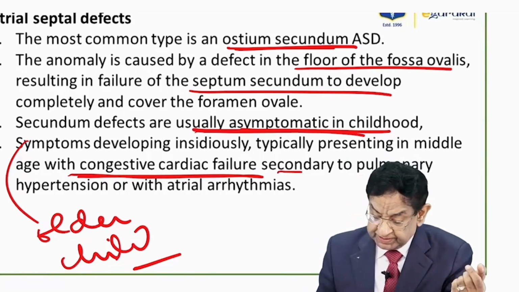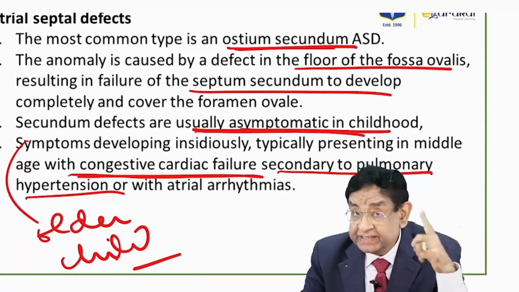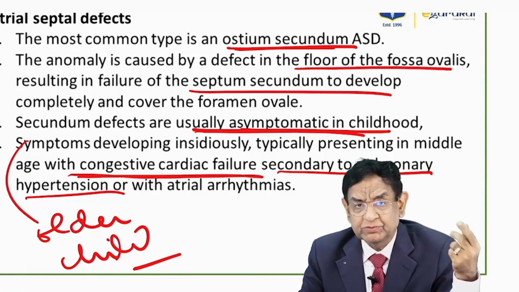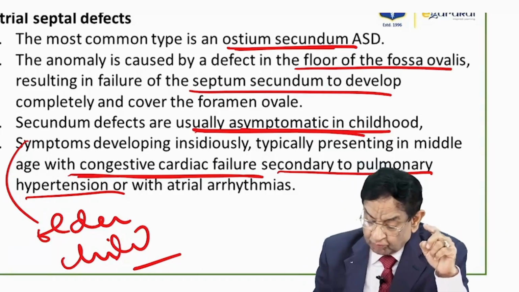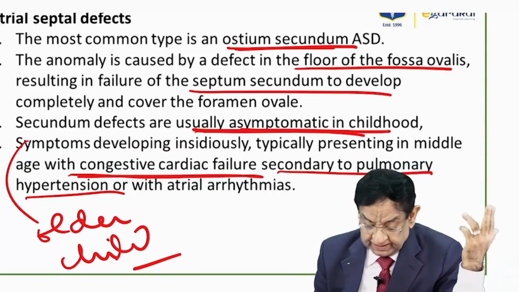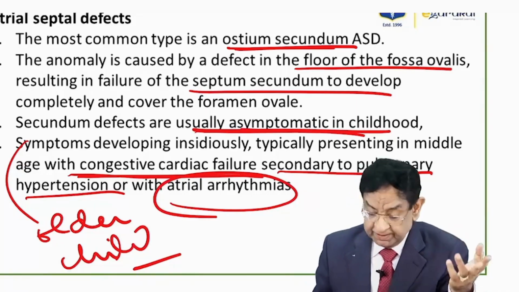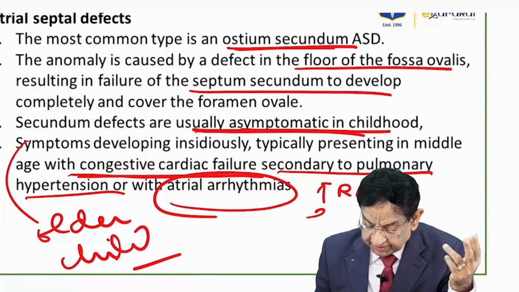Why? Because of secondary pulmonary hypertension. Why? Increased blood flow into the right atrium, right ventricle and the pulmonary artery, increased flow, so-called hyperkinetic. And there may be atrial arrhythmias. Why? Because there is right atrial enlargement.